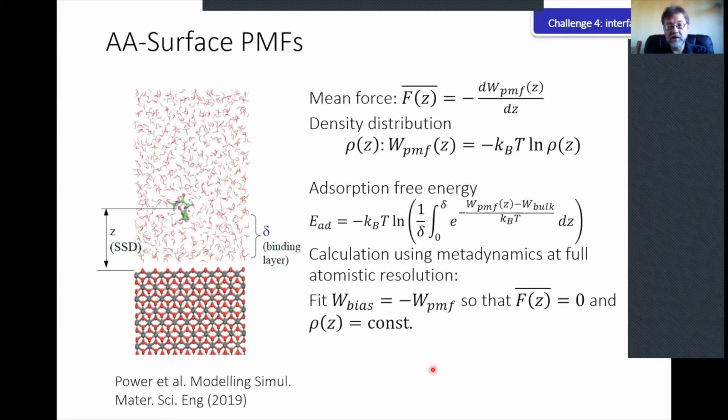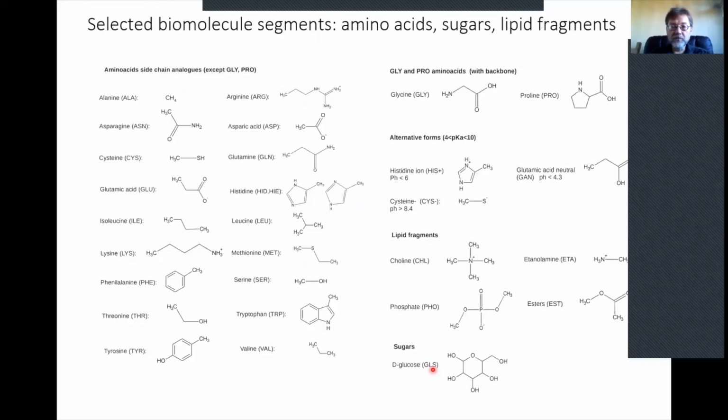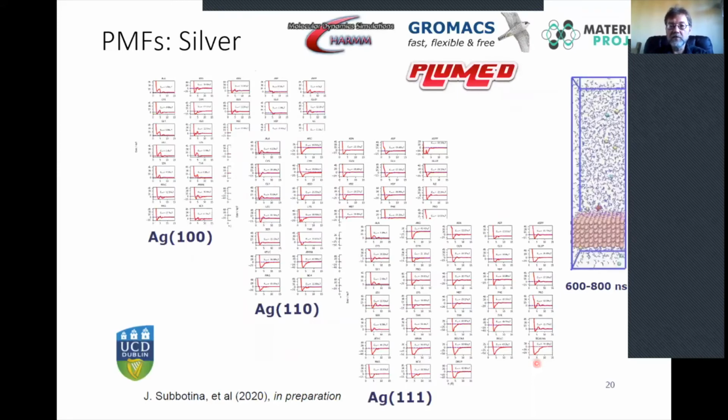So the result of this metadynamics simulation is an energy profile. To represent the most important biological molecules, we model amino acid side chains or side chain analogs. Then we model also lipid fragments and sugars interacting with the surface. And for each of those, we perform this kind of metadynamics simulation to extract the potential energy profile, the potential of mean force. The result looks like this.